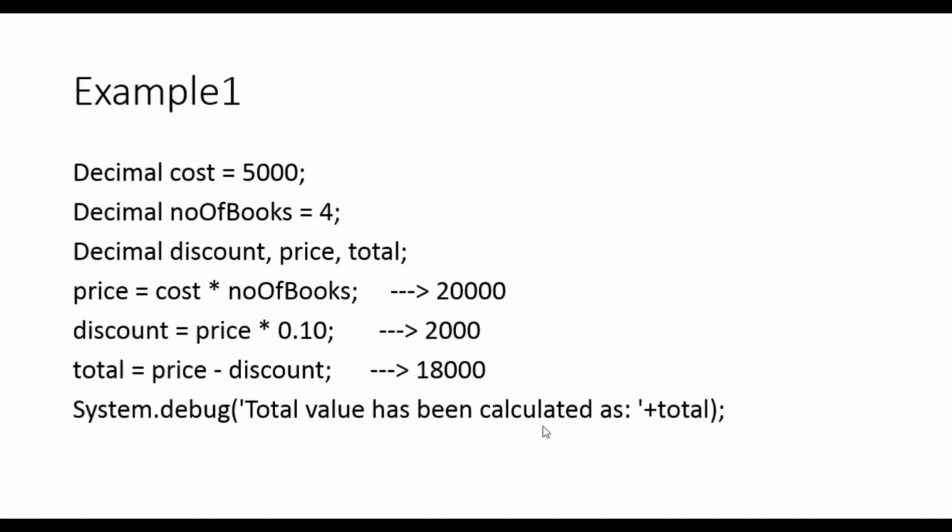So the 18,000 will be displayed in the log: total value has been calculated as 18,000. So this is a normal operation using a simple multiplication.